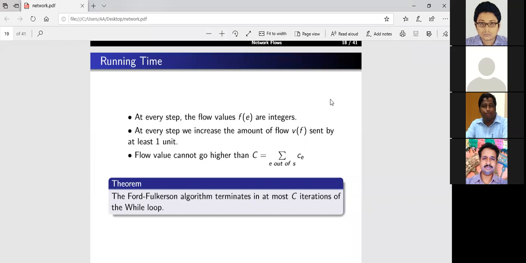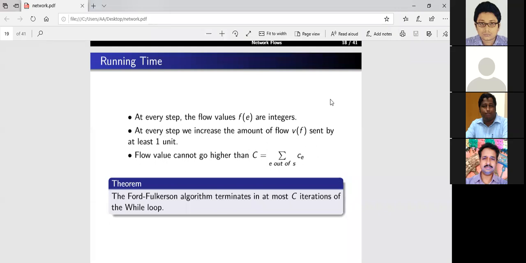In general, you take the LCM of the denominators of all the fractional values and multiply everything by it, and the problem remains the same.